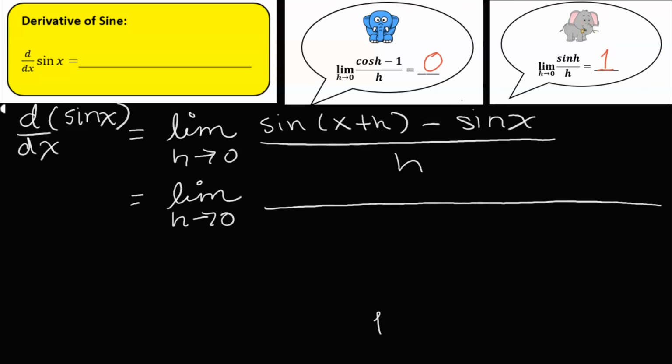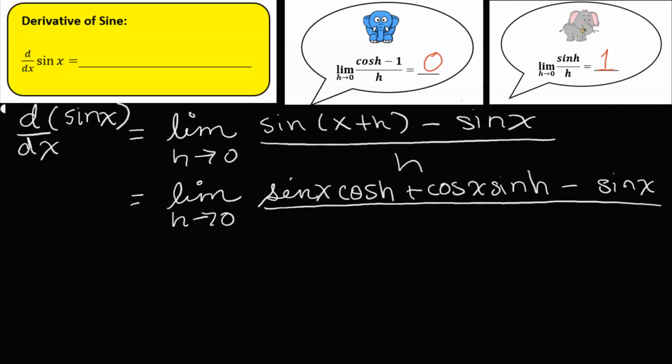So this is going to be sine of x cosine of h plus cosine x sine h, and then minus the sine x that is there. That's some trigonometry there for you, all over h.